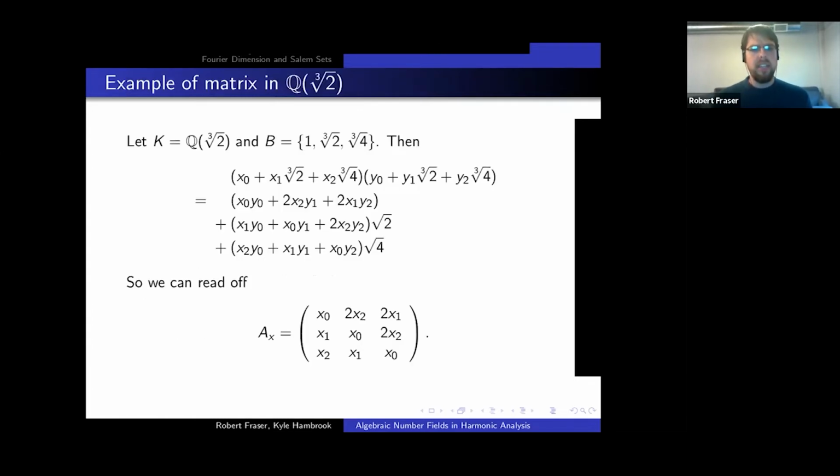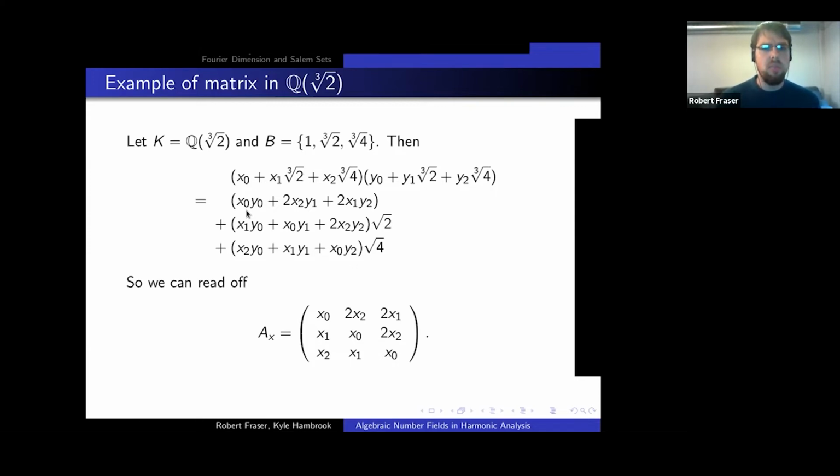So here's a quick example. Let's suppose that our field is the rationals adjoin cube root of 2, and we choose the basis 1, cube root of 2, cube root of 4. Then if you multiply two elements of this number field, you get this product here, which I've arranged by putting the cube root of 2 terms together and the cube root of 4 terms together.